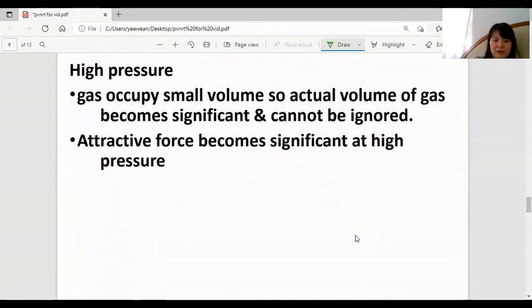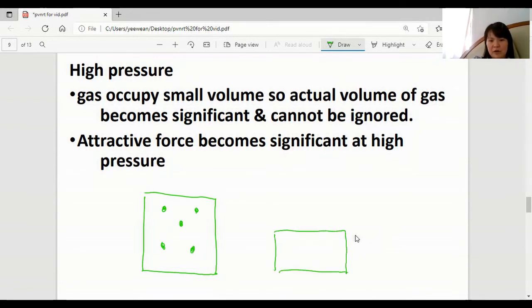Okay, at high pressure, so let's compare with one that is low pressure. 1, 2, 3, 4, 5. And at high pressure, 1, 2, 3, 4, 5. So according to the kinetic theory of gases, we know that it's ideal if the volume or size is negligible. So let's look at the first container. The size of these particles compared to this whole container that it occupies, the percentage of the volume here is low.